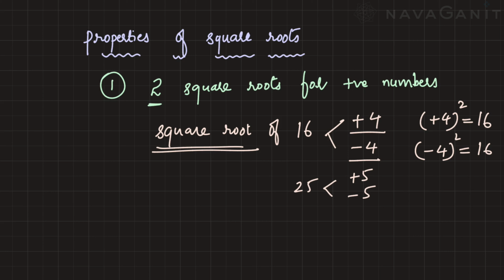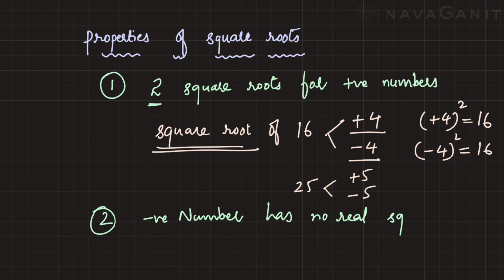Now what about a negative number? A negative number has no real square root. Why is that? Because let us take a number x.